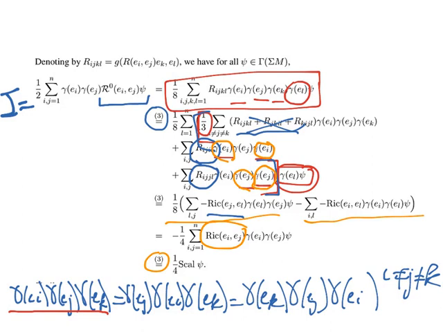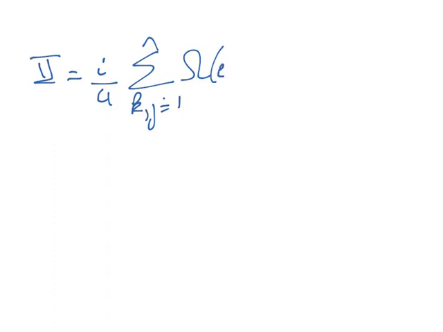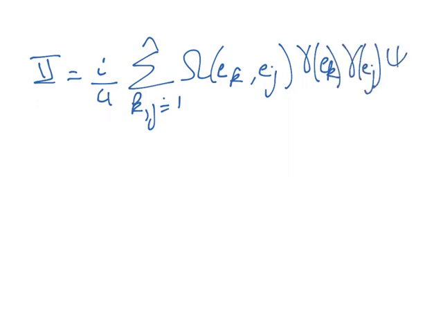And now I have to calculate the second quantity, quantity 2. Quantity 2 is i/4 sum over k, j from 1 to n of omega(e_k, e_j) gamma e_k gamma e_j.